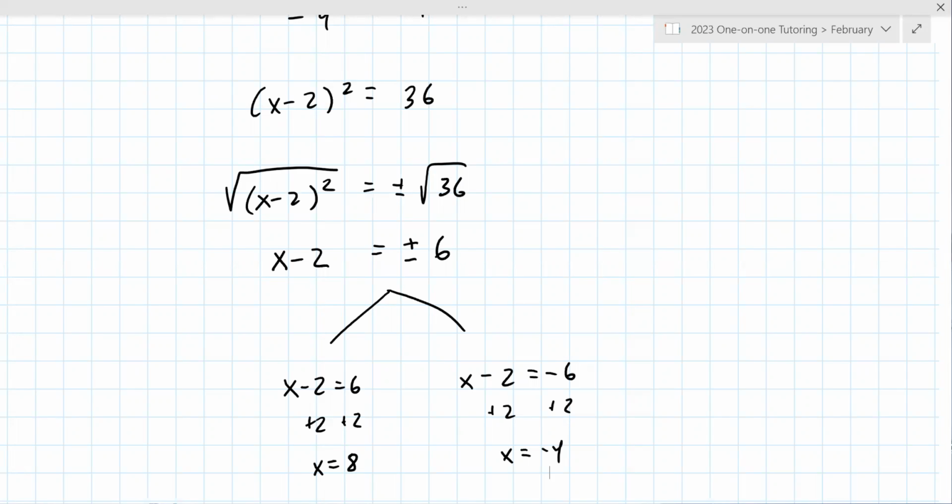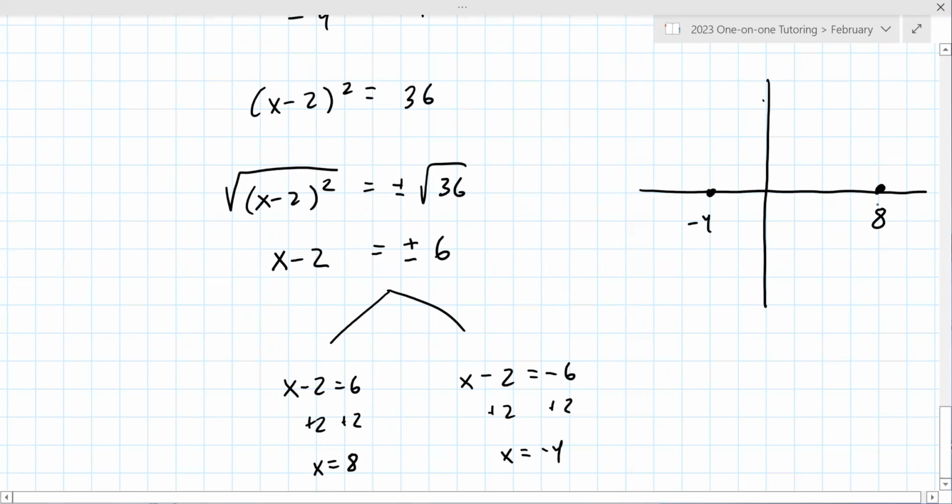If this were asking you to graph it, yes, these are the x-intercepts, where it crosses the x-axis. We'll call that minus 4, and then we'll call that 8. I'm just focusing on solving today with you. But yes, a good question.